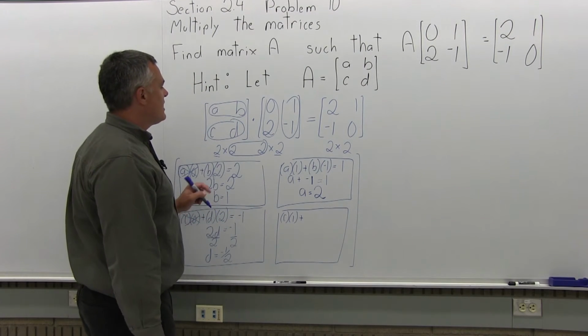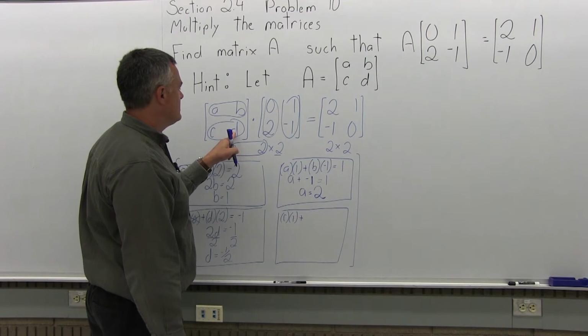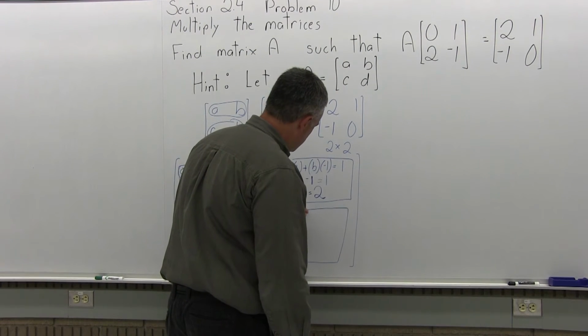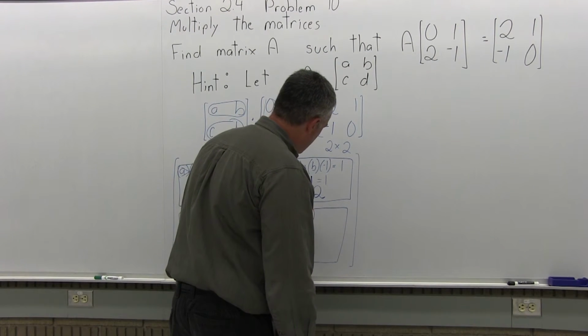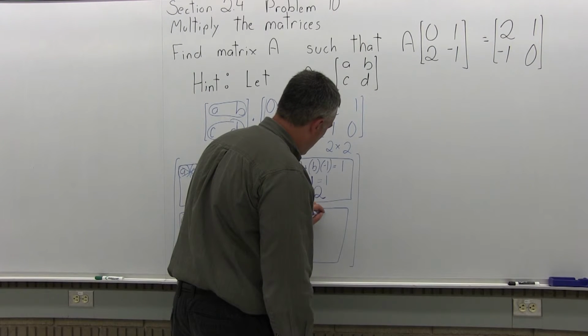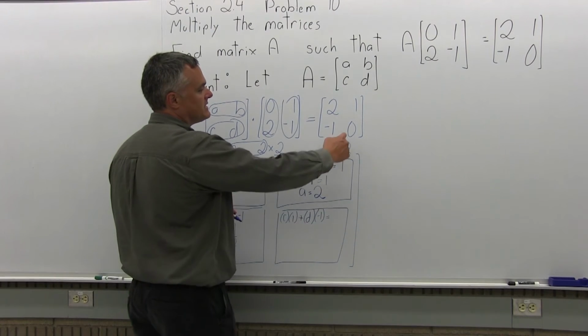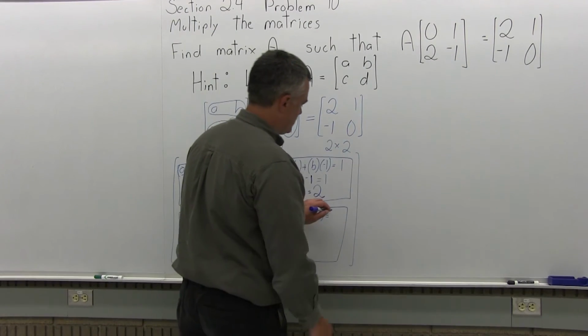Plus second times second. So the second is D times the second here is negative 1. So second times second is D times negative 1 equals the value in the bottom row and second column of the solution matrix, which is 0.